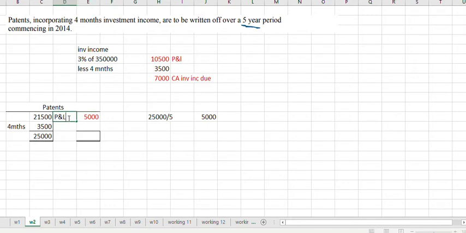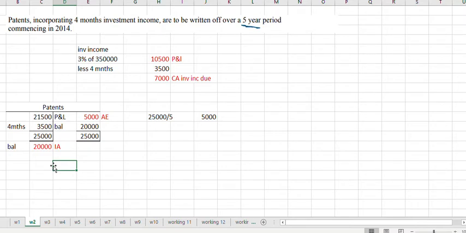That goes into your P&L. So that's called patents written off, which is an admin expense. When we balance the patents now, we get a balance of 20,000. We bring it down on the debit side, and patents is an intangible asset.